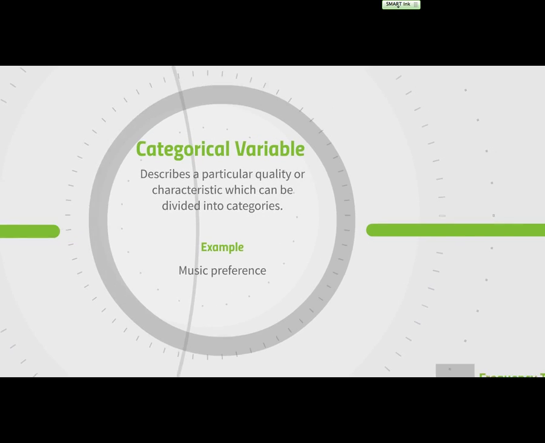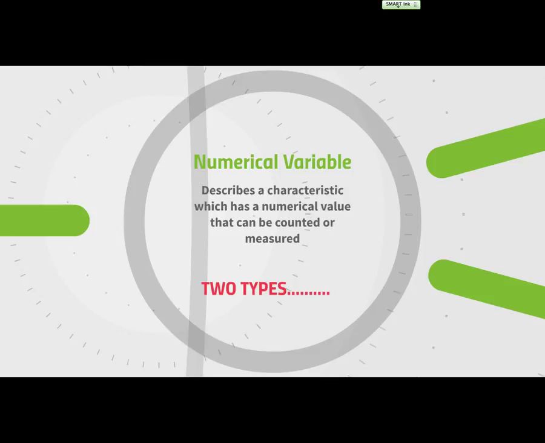Numerical variables or numerical data describe a characteristic which has a numerical value that can be counted or measured. It's really important that we know the difference between the two types that we're going to dive into next. Here I'm going to define each type, but also give you some different examples of what would fit into those two types of numerical data.